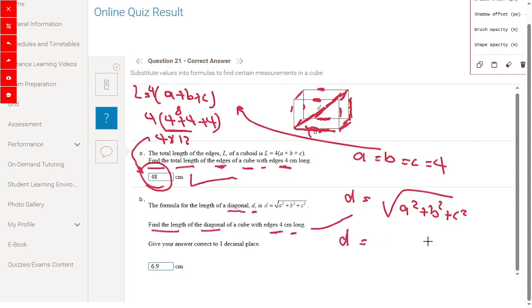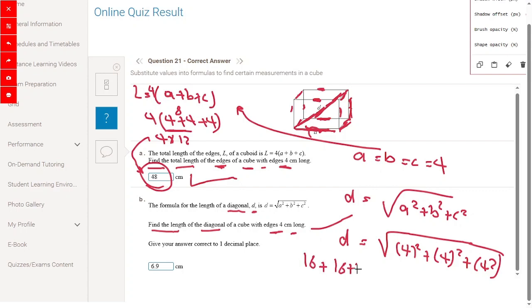D would be equal to radical 4 square plus 4 square plus 4 square. So it will be equal to radical 16 plus 16 plus 16. 32 plus 16 will be 48. So D will be equal to radical 48, which is 6.9. Okay.